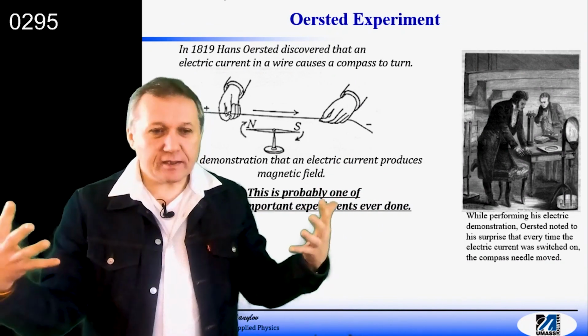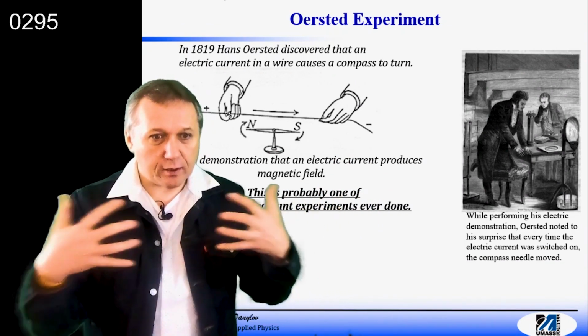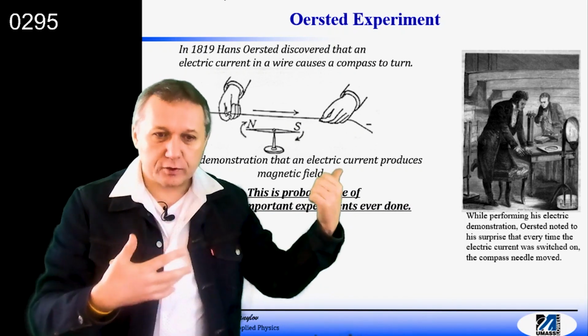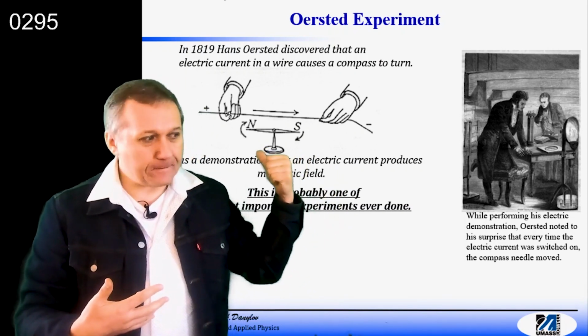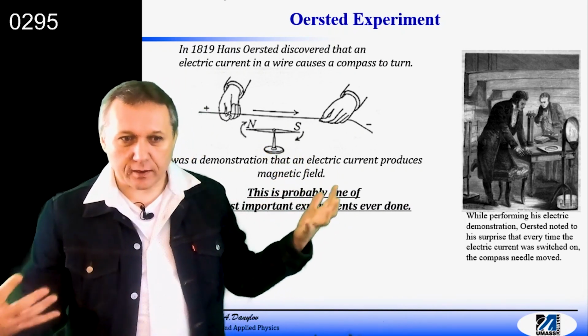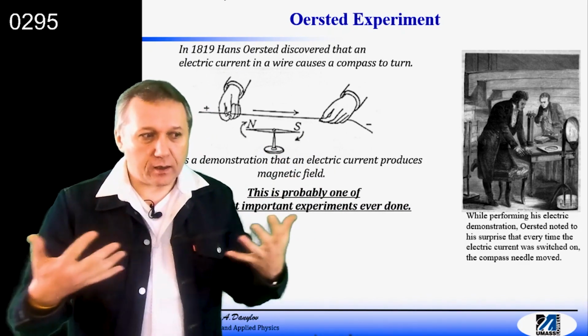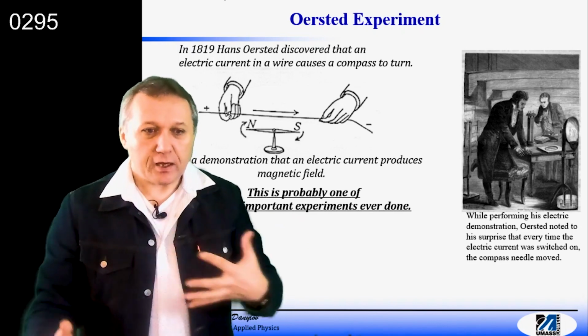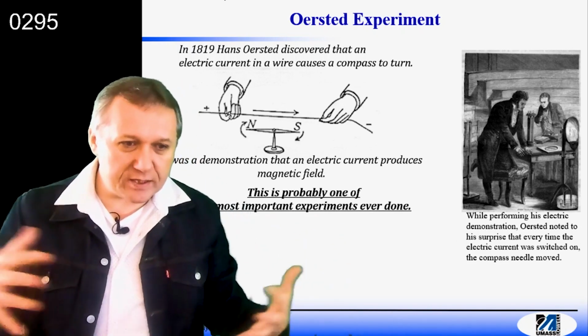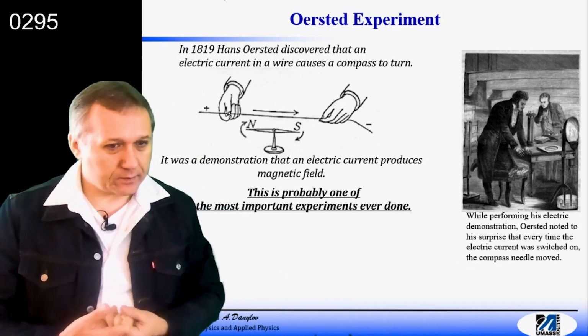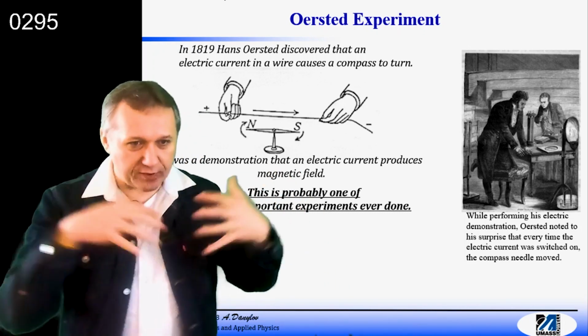They are not independent. They overlap somehow. So it was the first experiment where people noticed that these two worlds overlap, and of course they didn't know how deep the overlapping was.